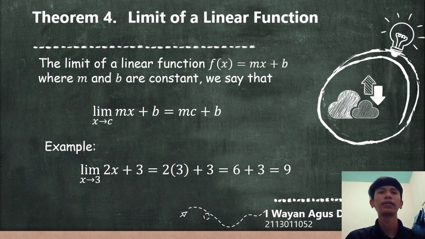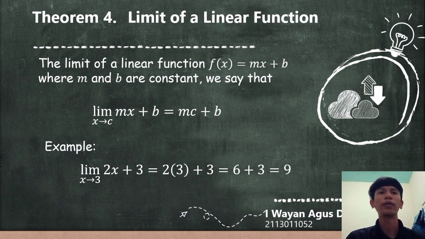We say that the limit of mx plus b as x approaches c is equal to mc plus b. What happens here is that m and b return since they are constant values, and the value of x in your function becomes c in your answer, as what we had discussed in the limit theorems.